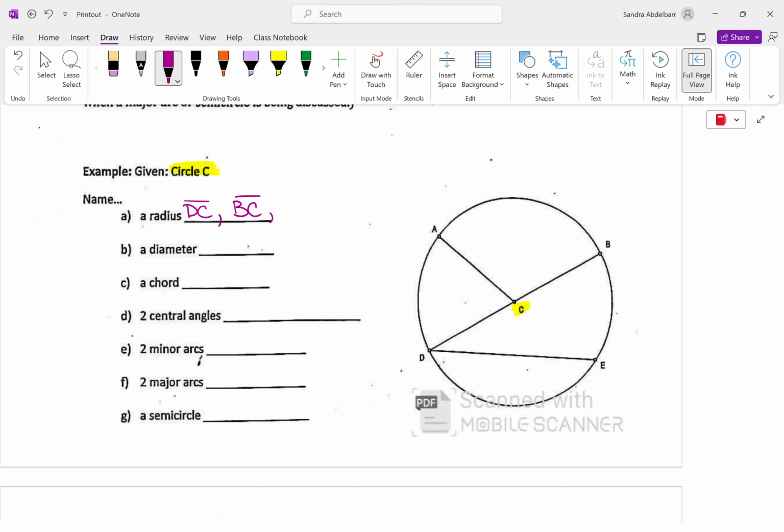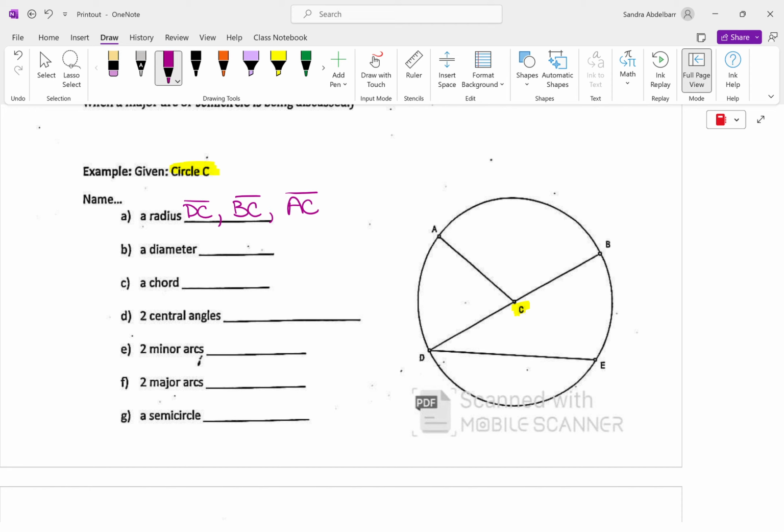Is there another radius? Yeah, what's another radius? AC, you got it. And what do we know about all radii from previous knowledge? They are congruent. All radii are congruent, so we'll keep that in mind also.